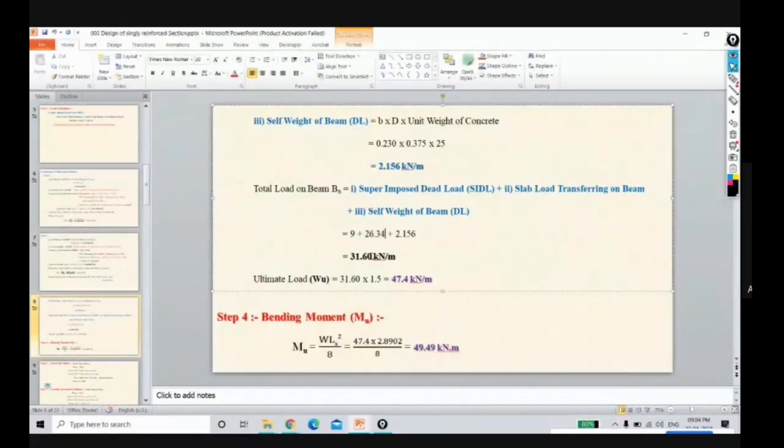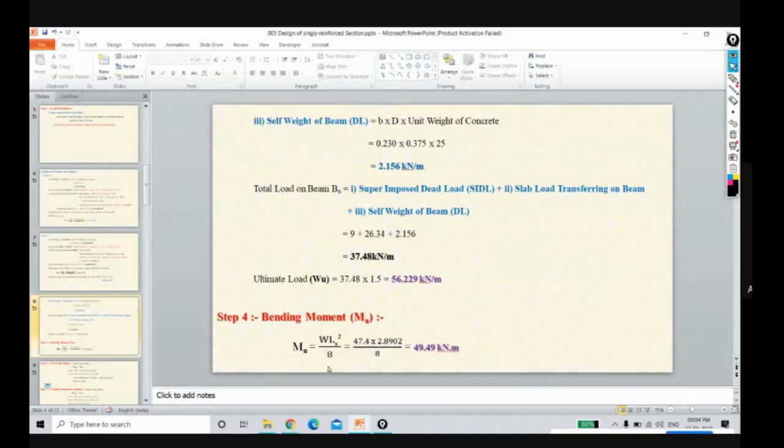So 26.34 plus 9 plus 2.156, 37.48. 37.48 multiplied by 1.5, it's 56.29. Okay, so this is our total ultimate load or factored load.